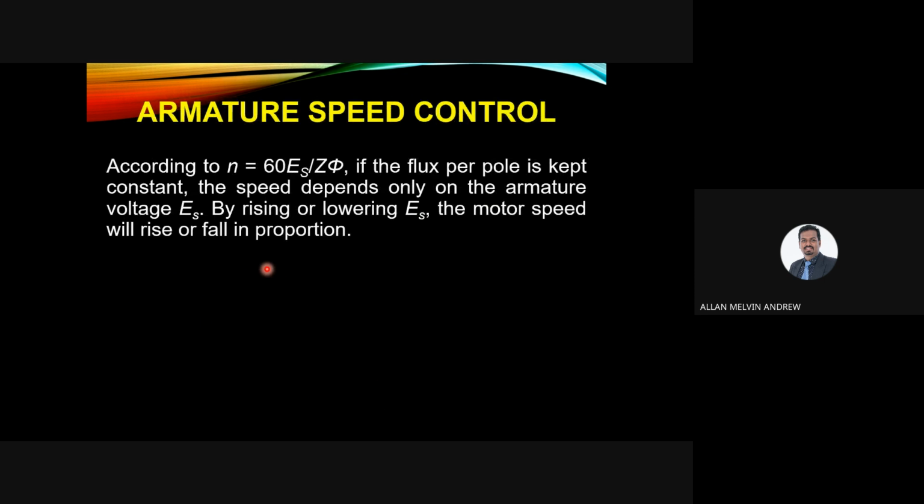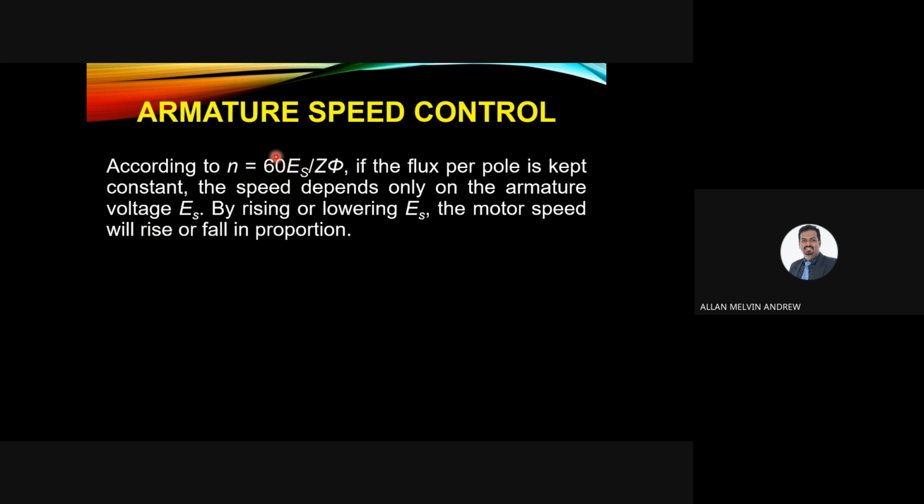Okay, so armature speed control. According to N equals 60 ES over Z phi, the earlier formula we derived, if the flux per pole is kept constant, the speed depends only on the armature voltage ES, because usually Z will be fixed as well.